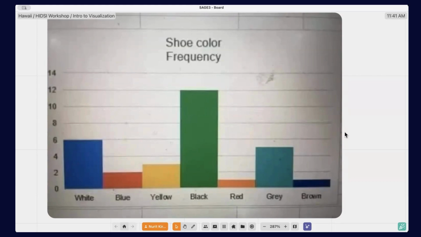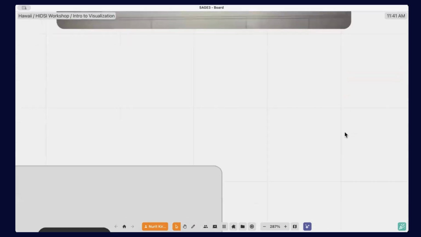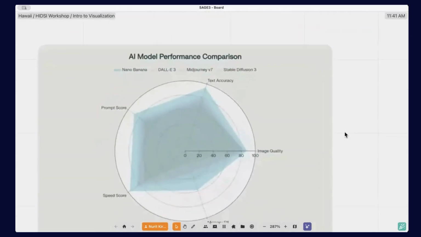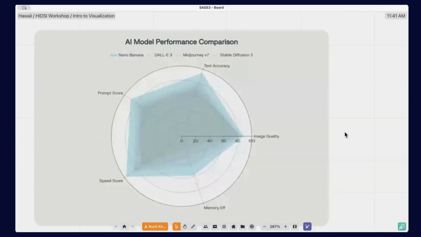But then you actually read the labels, and that is not the case. So there's a disconnect between the things that you're reading in the labels and the things that you're looking at in the actual chart. At the very least, if these were all in the same color, you would know that you need to read the labels. But the fact that they're all in different colors makes you assume that you're looking at the thing they're describing. This one.